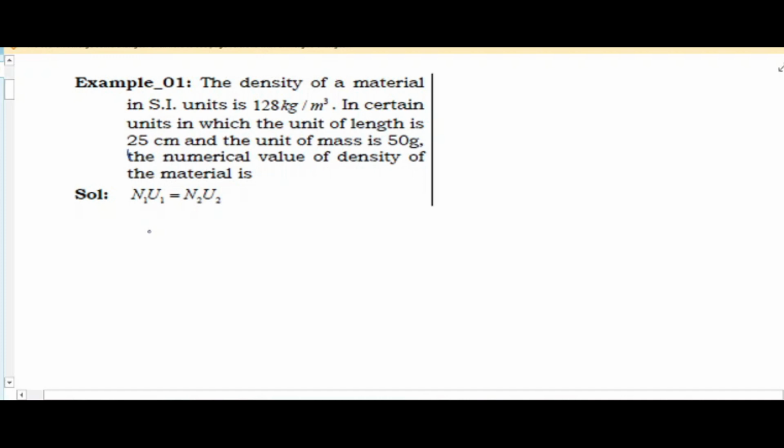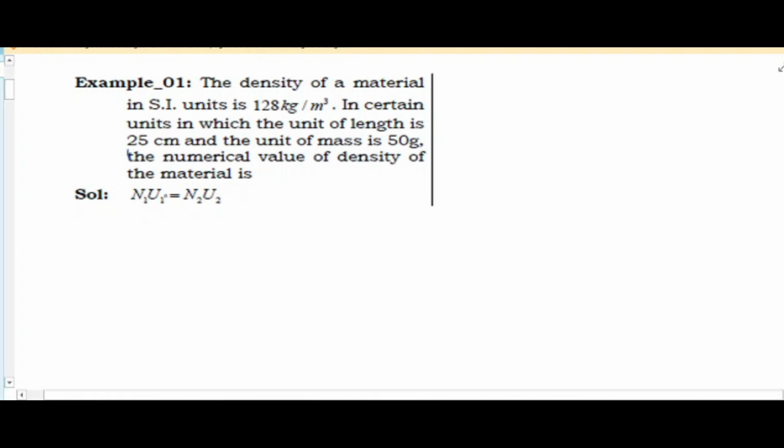The problems under dimensional analysis. These are problems based on conversion of units. See here, the density of a material in SI unit is 128 kg per meter cube. In a certain system in which the unit of length is 25 centimeter and the unit of mass is 50 grams, the numerical value of density of the material is?